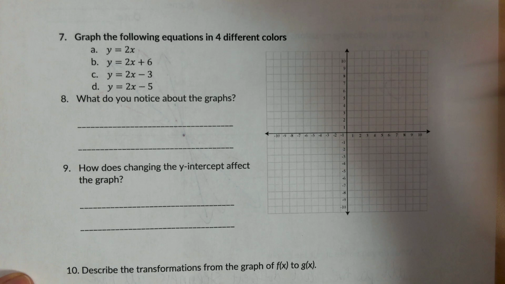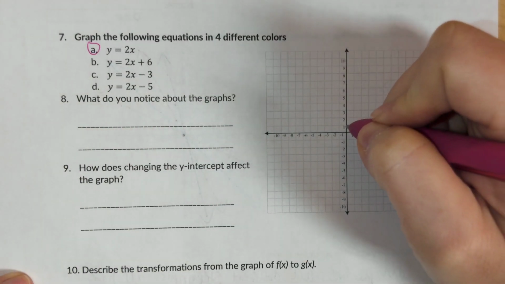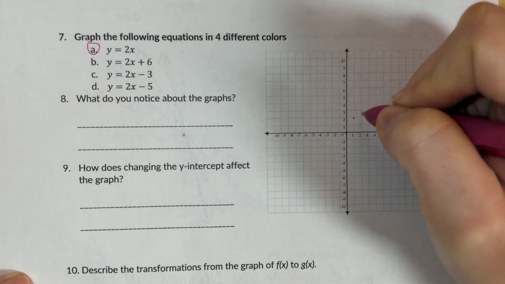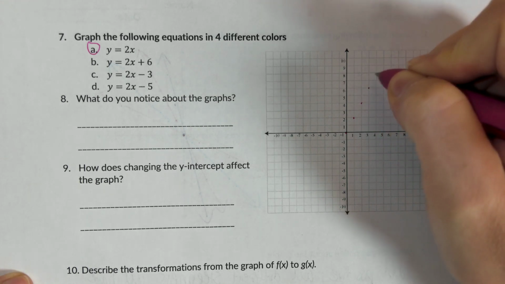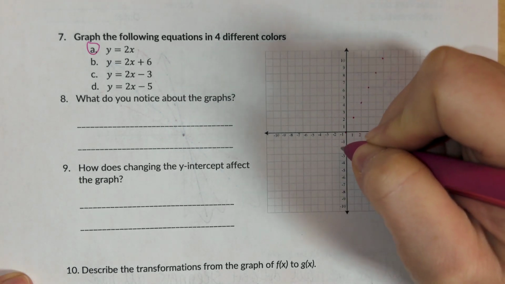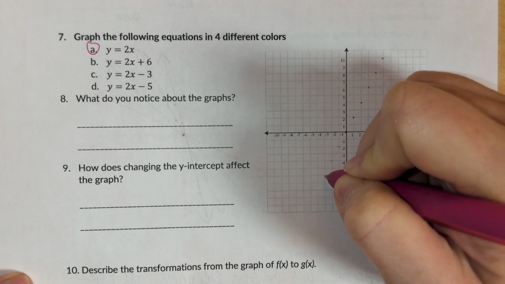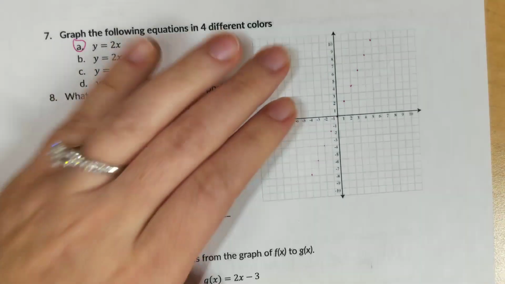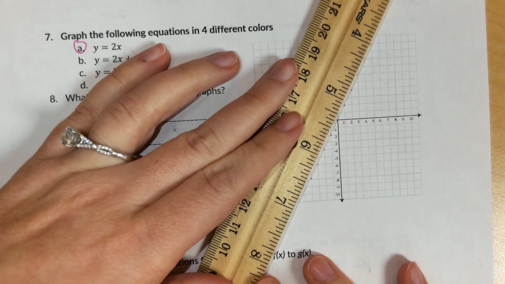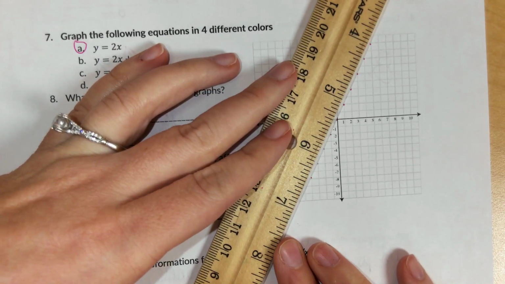So we're going to start with pink again, and I'm going to do 2x. So again, my y-intercept is (0, 0). My slope is 2. So I'm going to plot those points and then connect them so that I can see what I'm doing.